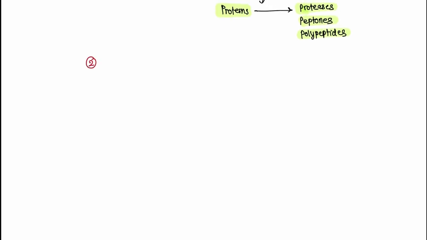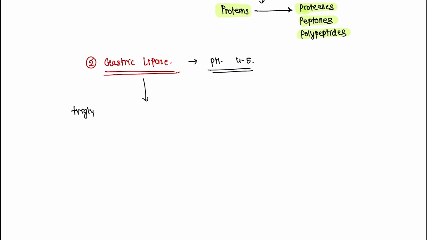Next enzyme is gastric lipase. Gastric lipase is only active when pH is between 4 to 5 and it is a weak lipolytic enzyme when compared to pancreatic lipase. This gastric lipase will convert triglycerides into fatty acids and glycerol.